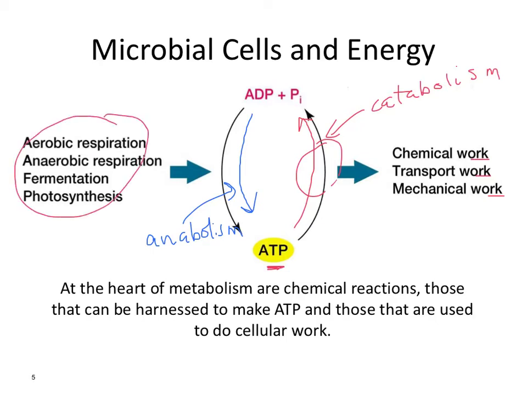So microbes can do aerobic respiration, which is what you and I do. They can also do anaerobic respiration. They can do fermentation, and they can do photosynthesis. Those are the major categories whereby energy can be conserved from the environment somehow and funneled into the synthesis of ATP, and then that ATP can be harnessed by the cell to do cellular work.